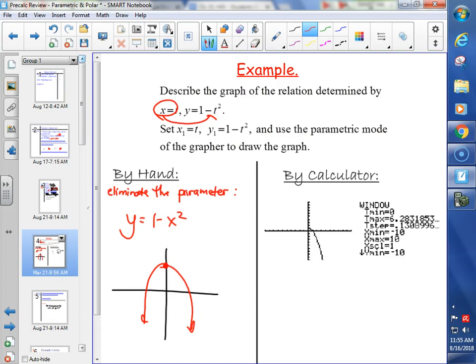But why did the graphing calculator only show half? It had time starting at 0. That's pretty natural, right? It's a good assumption. Time starts at 0 for a model. When would time start at a negative number? If it was in reference to something, like, at 9 a.m. here on, what was going on at 8 or at 7 if the thing was already in motion?